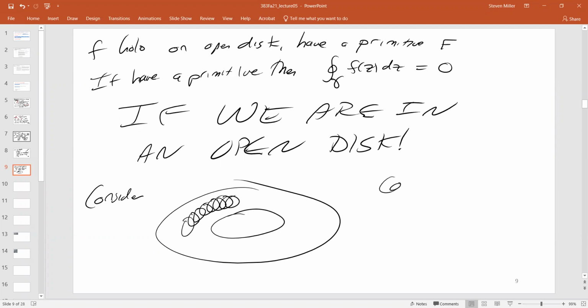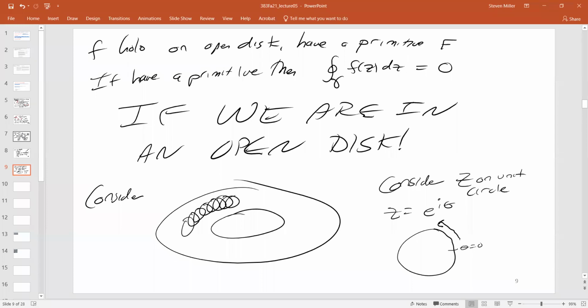So consider z on the unit circle, and we'll write z as e to the i theta. We start here at theta equals 0. What happens to theta as we progress?